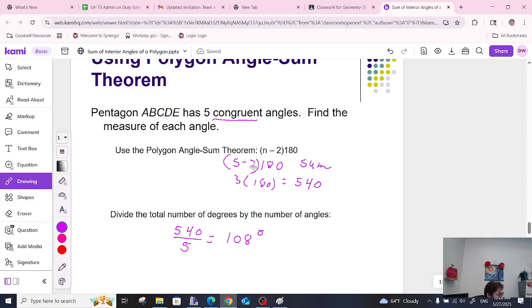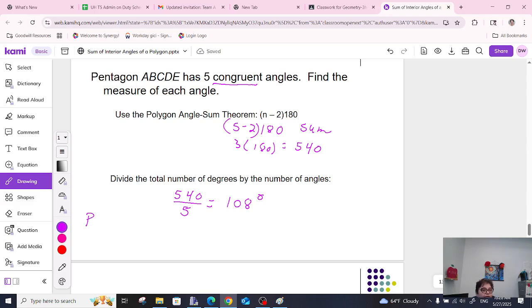Now, did I have something there talking about regular? Okay, so this is another terminology you need to write down. Regular polygon.